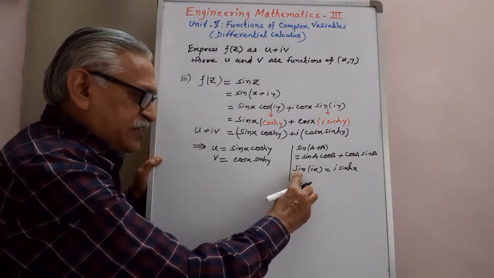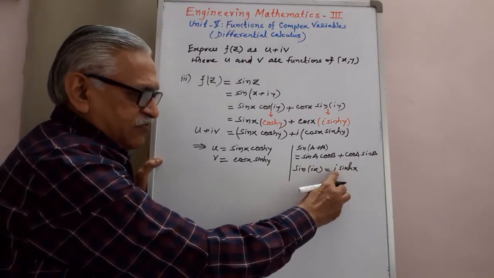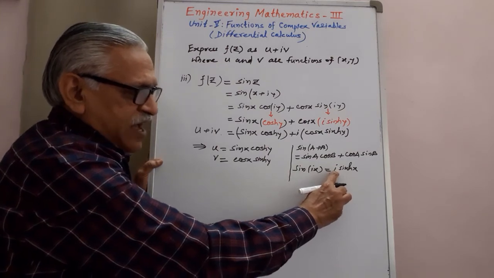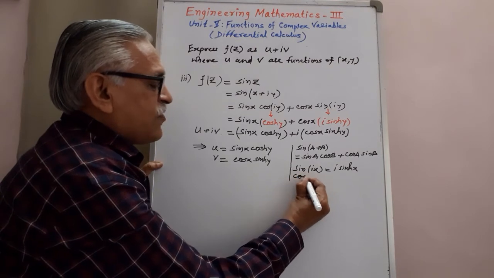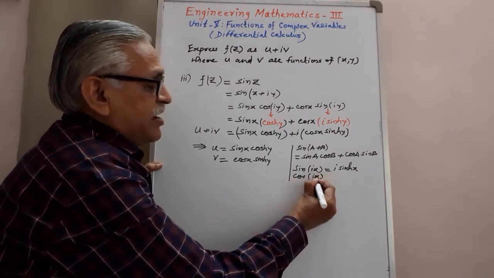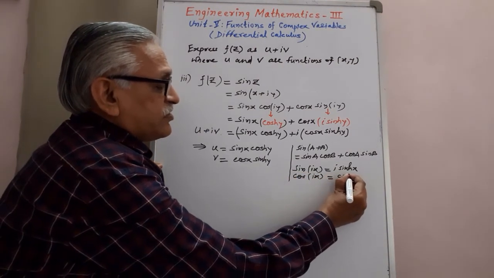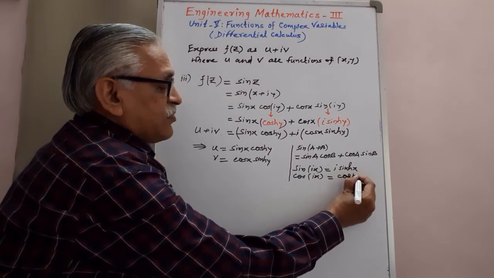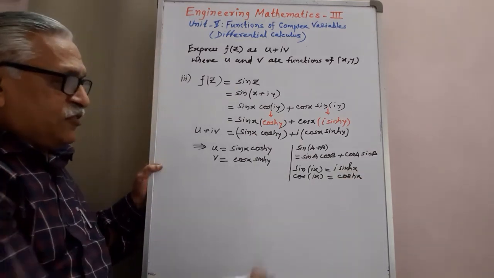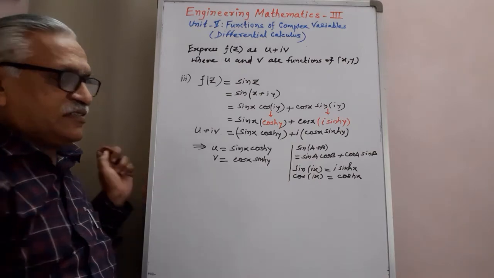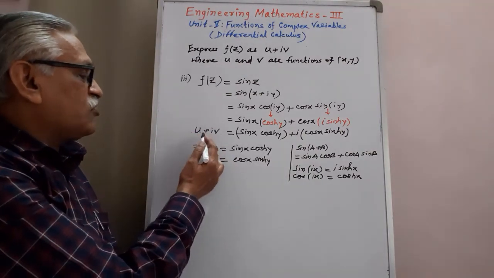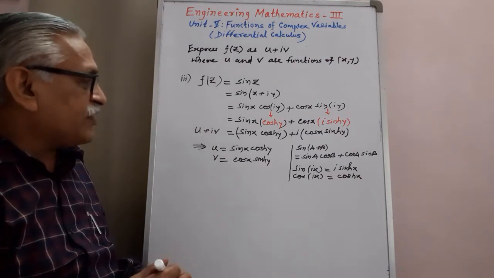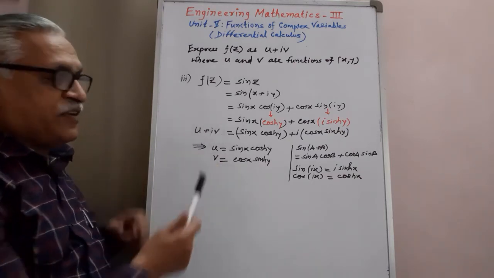This circular function sin of ix we can convert to hyperbolic as i sinh x, and cos of ix as cosh x. Therefore, these three standard results I have applied to obtain that function in the form of u plus iv.